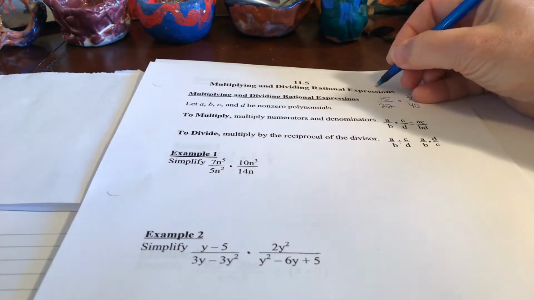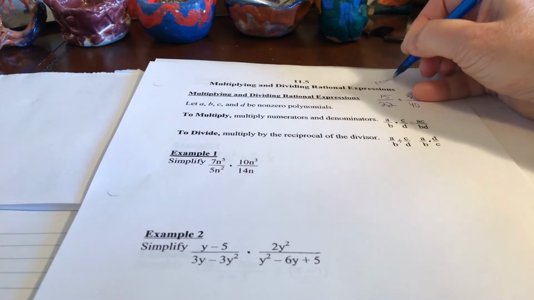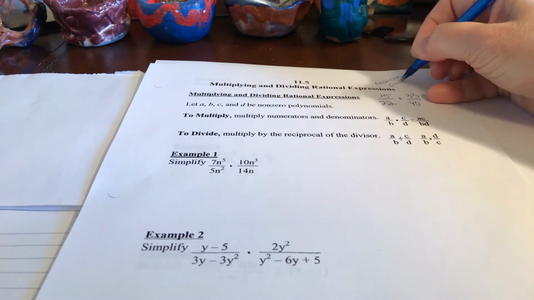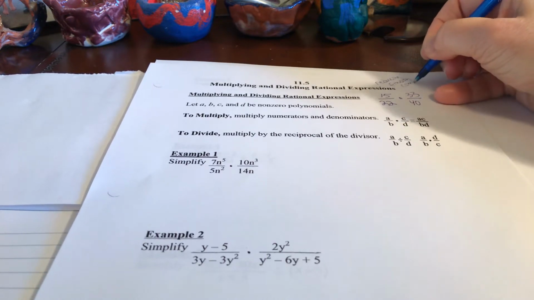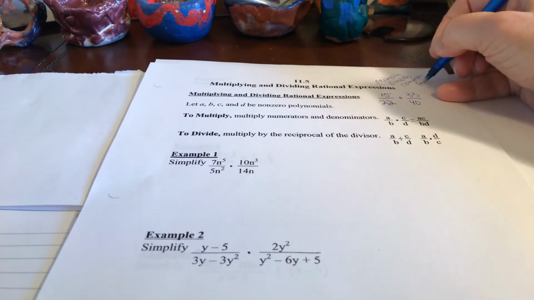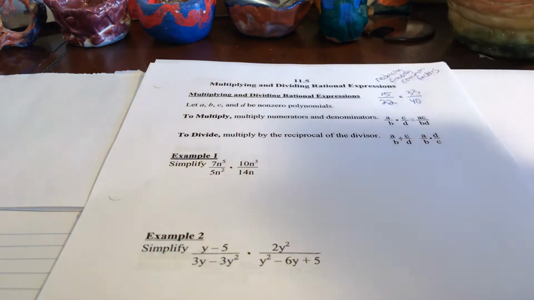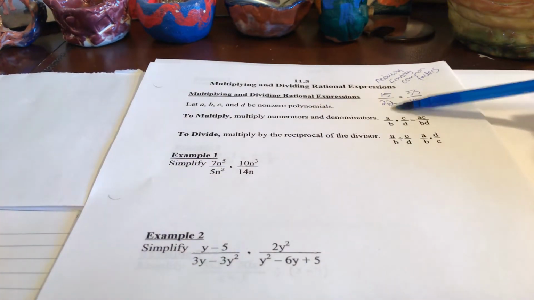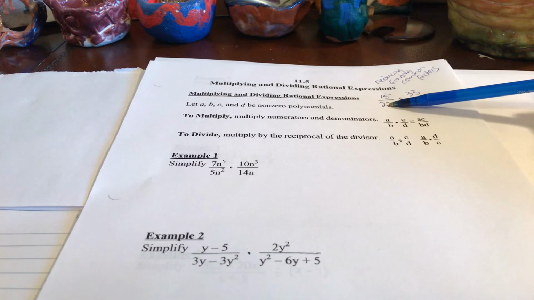We are reducing by finding common factors. You've used the word factors and common factors since you were probably in 3rd, 4th, 5th grade when you were talking about fractions. When you're multiplying, you can reduce and find common factors up and down.